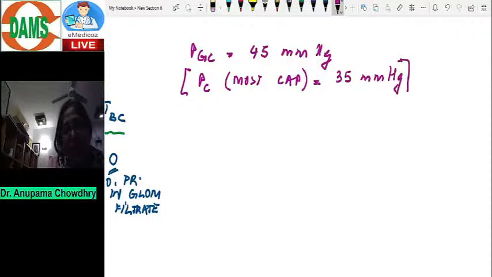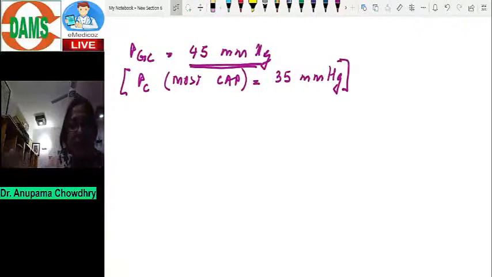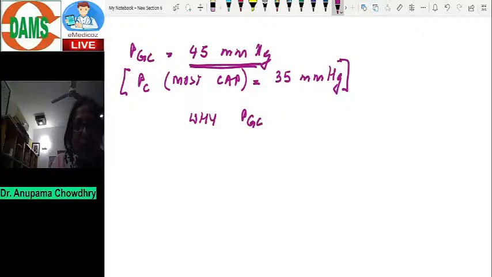So why is the PGC higher than the hydrostatic pressure in most capillaries? There are two reasons for it.